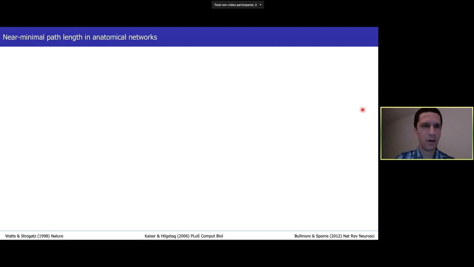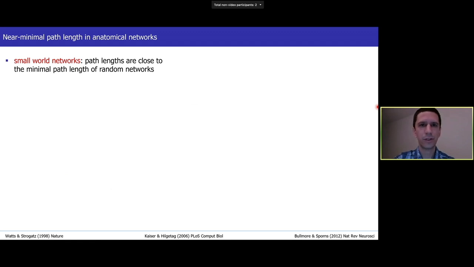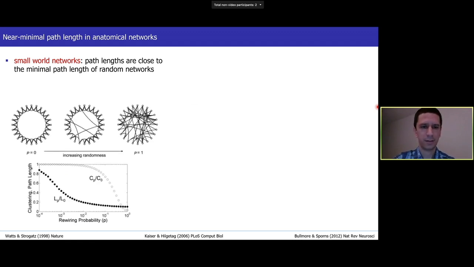What I want to show you now are two additional arguments for why shortest paths might be important for brain networks. One comes from the idea of small world networks. So you heard earlier in the workshop that small world networks, an example of which is the brain and various types of nervous systems, have path lengths that are nearly minimal.